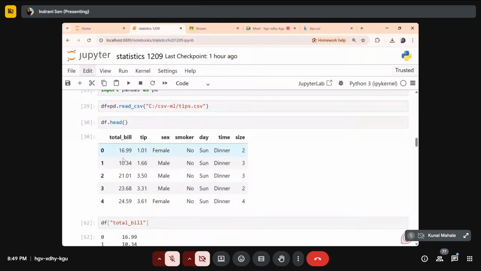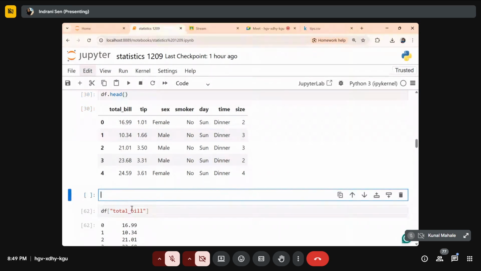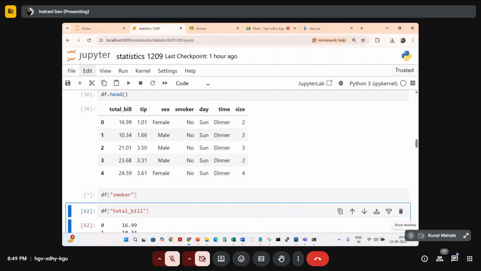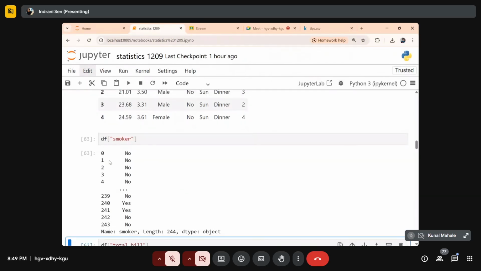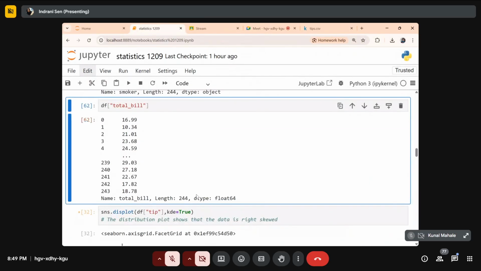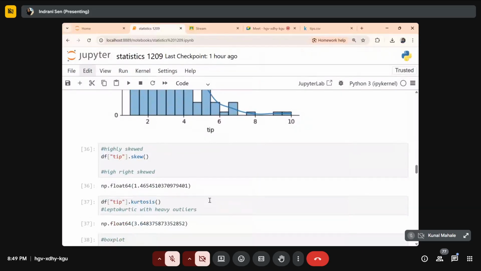Each column, like if you want to print smoker, you write df square bracket smoker. We have more ways to access it, but we will do that when we do pandas. Here it's simple, you are just using columns. I don't think more than that is required here.